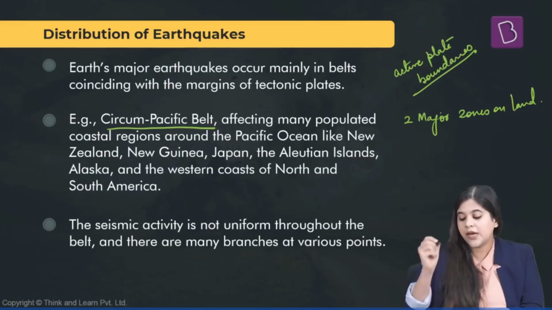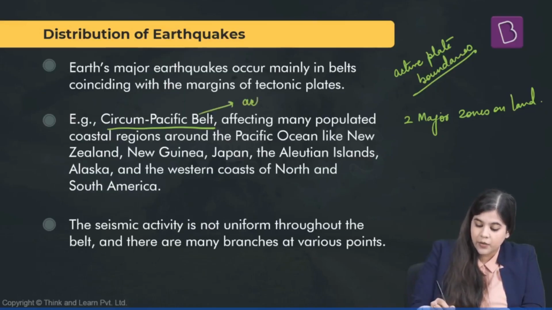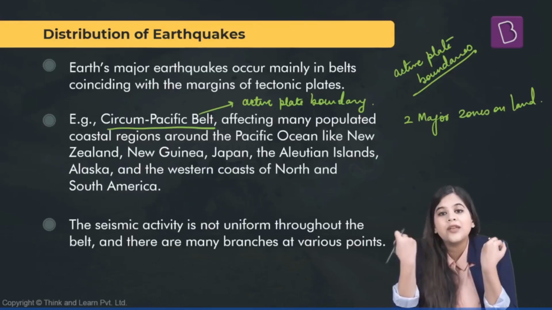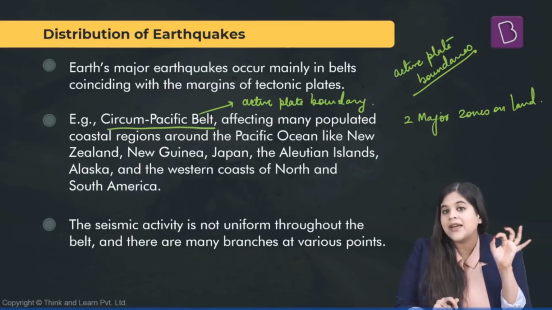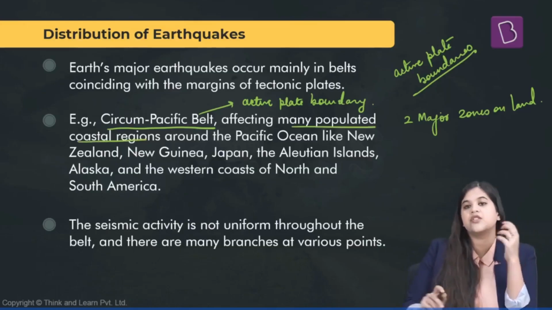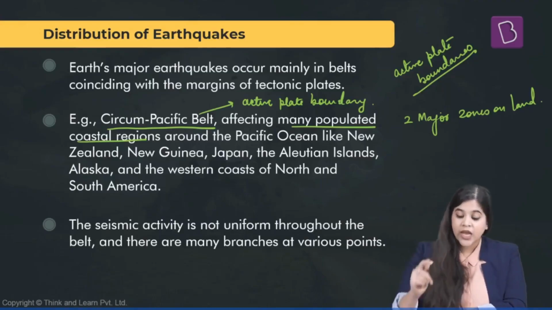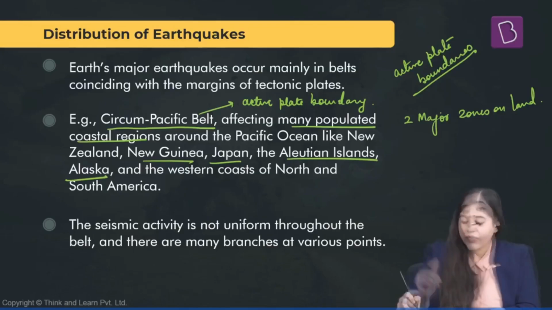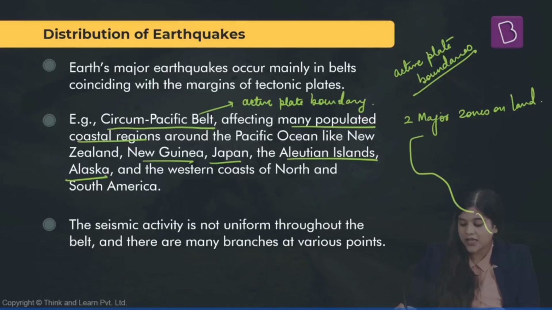The Circum-Pacific Belt is an active plate boundary where the Pacific plate is being submerged at both the ends. This belt affects some of the most populated coastal regions around the Pacific Ocean, including countries like New Zealand, New Guinea, Japan, Aleutian Islands, Alaska, and the western coasts of both North America as well as South America.